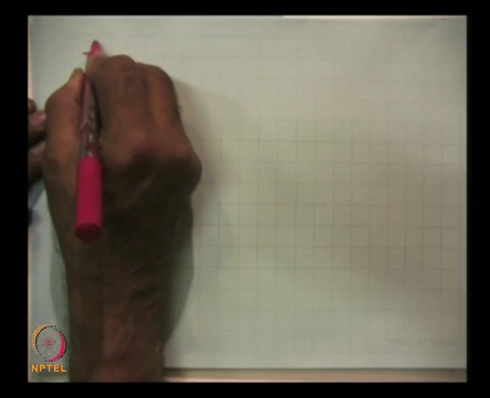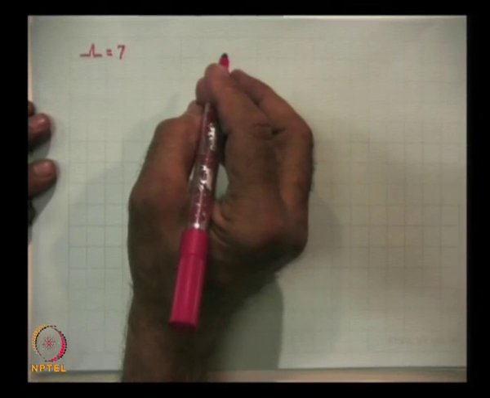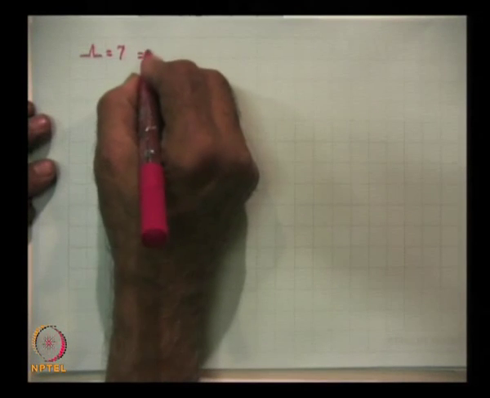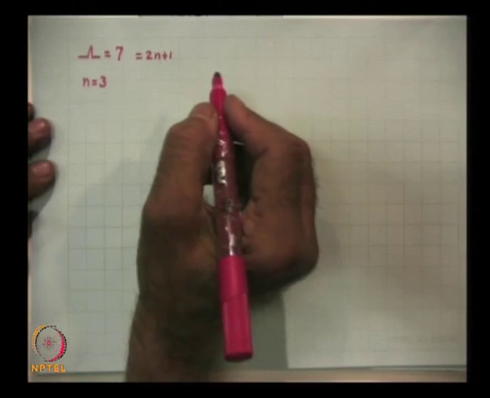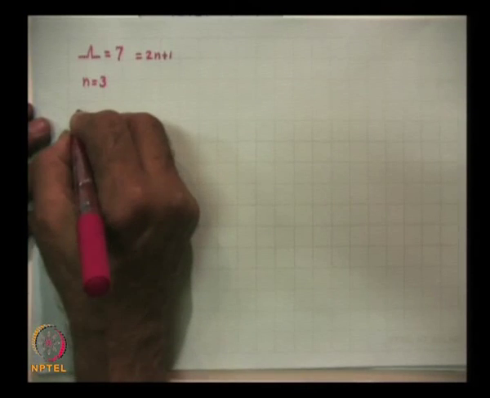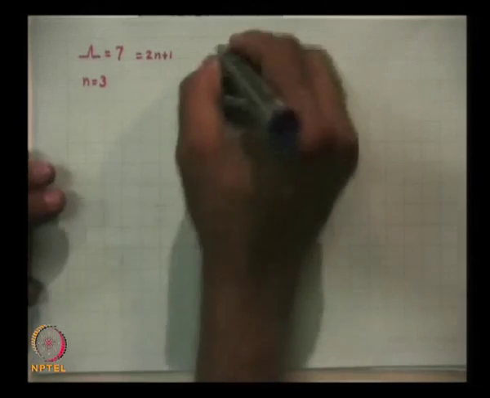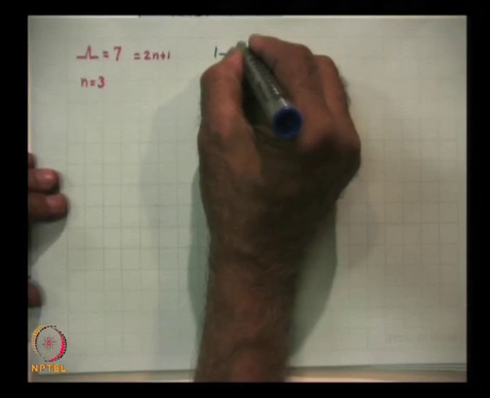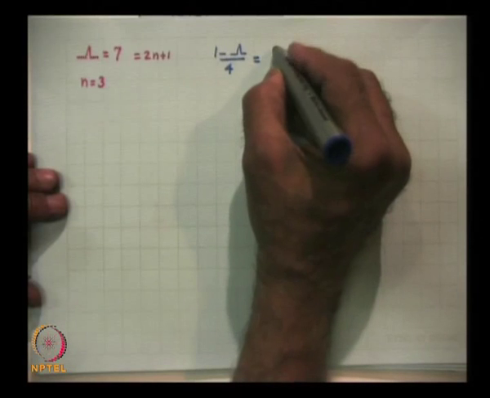And that is lambda is equal to 7. So, lambda is equal to 2n plus 1, so n is 3. So, this is the third wave function. So, what is my psi of xi? You will have 1 minus lambda by 4, this will be equal to 1 minus 7 by 4.